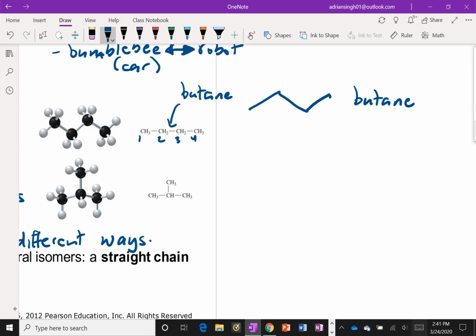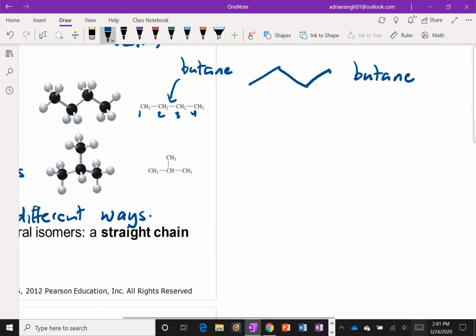Now, what we can do to make an isomer of this, and this is what you would probably do with some of your other ones as well, is you can take one of the carbons from the end and stick it in the middle. So now an isomer can be something like this, where we have 1, 2, 3 carbons in a row, and then one sticks out from the middle carbon.